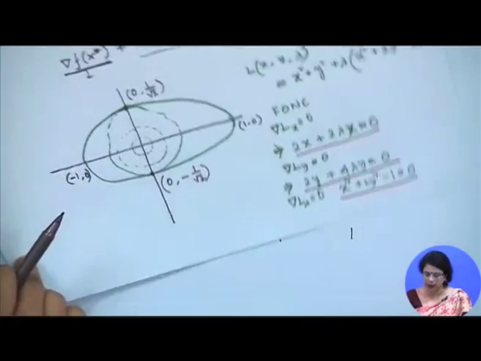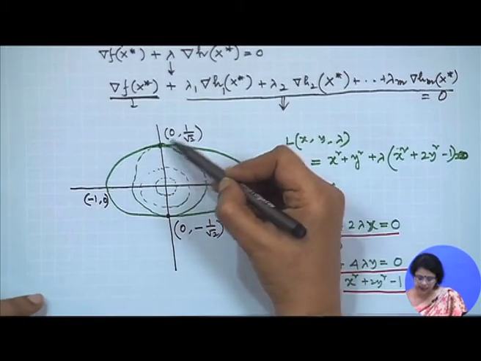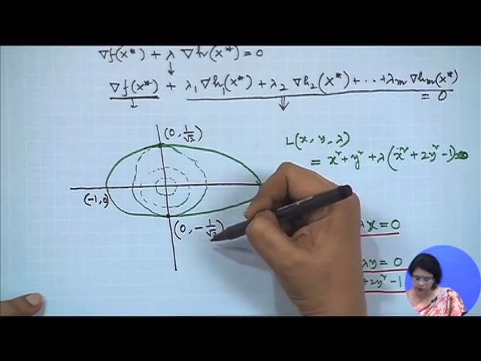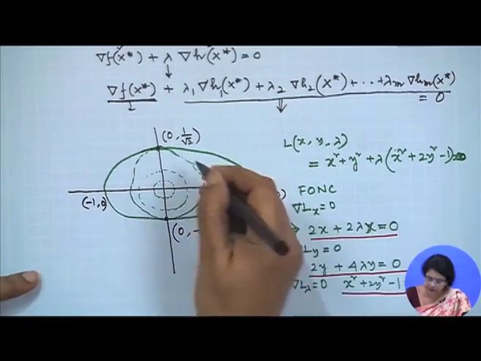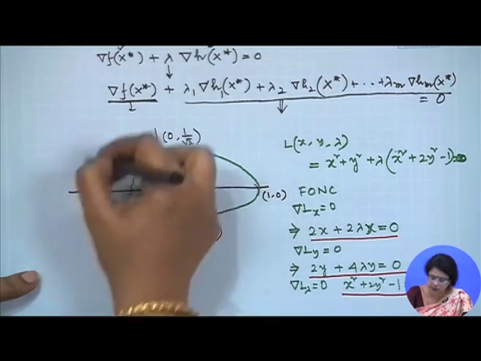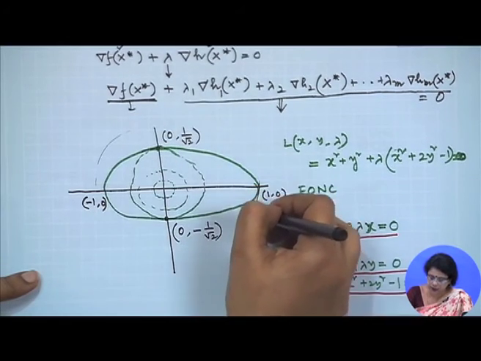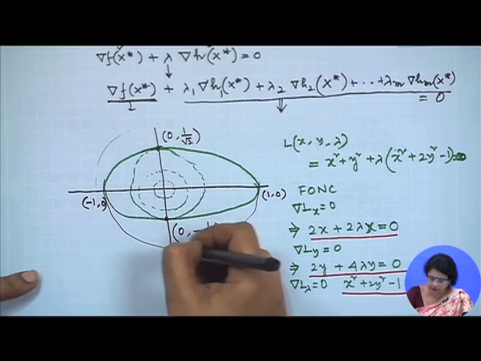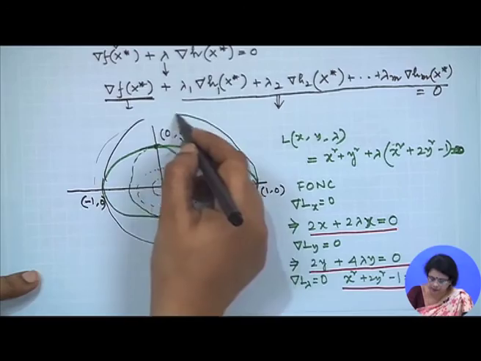If we go back to the figure, we can see that at 0, 1 by root 2 and 0, minus 1 by root 2 we get the minimum value, and if the circle moves further and further, when it touches these two extreme points, then we get the maximum value.